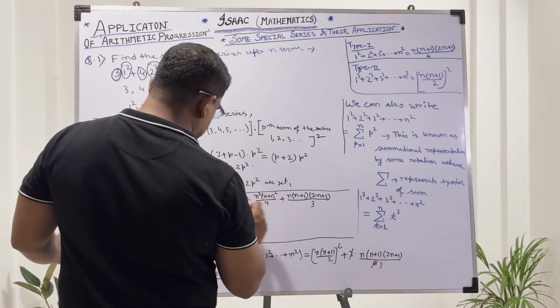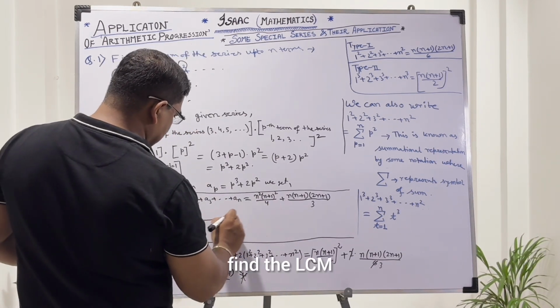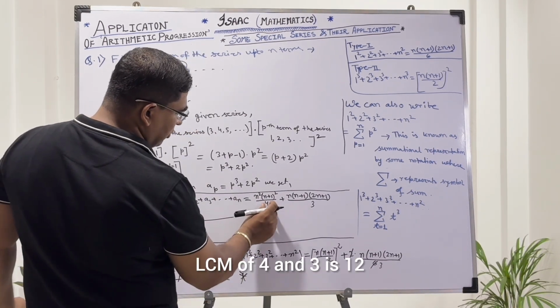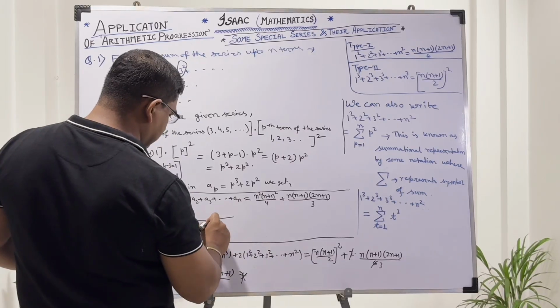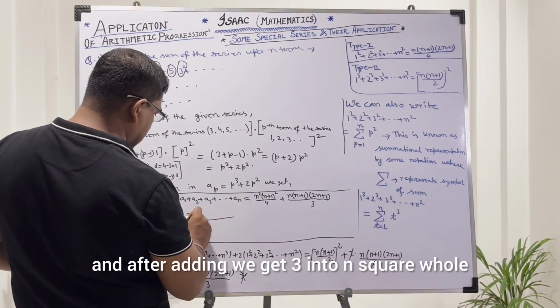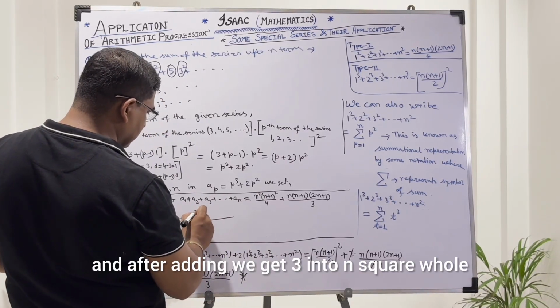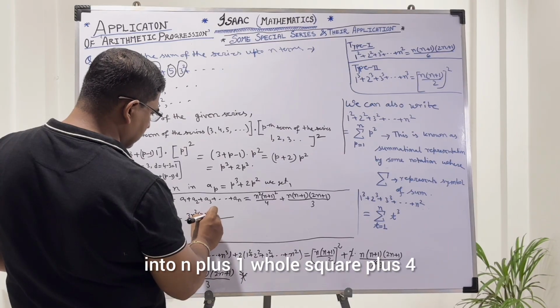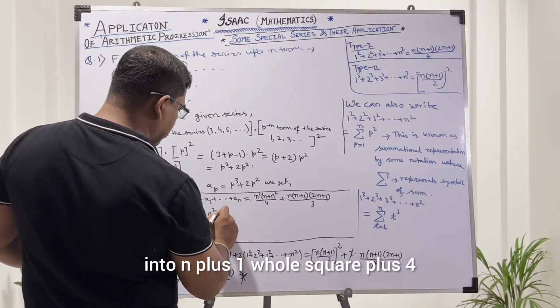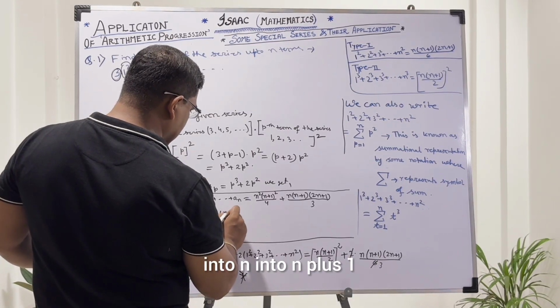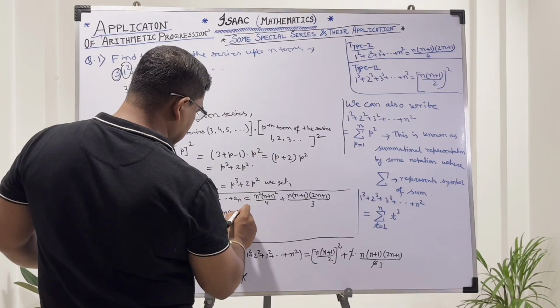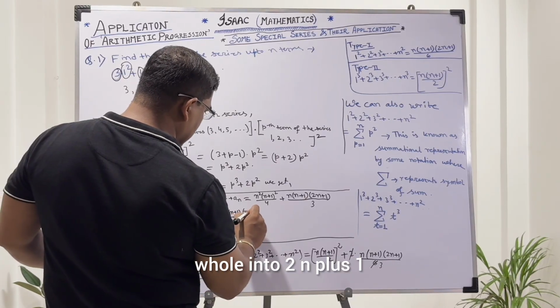Now we can find the LCM. LCM of 4 and 3 is 12. And after adding, we get 3 into n square whole into (n plus 1) whole square plus 4 into n into (n plus 1) whole into (2n plus 1).